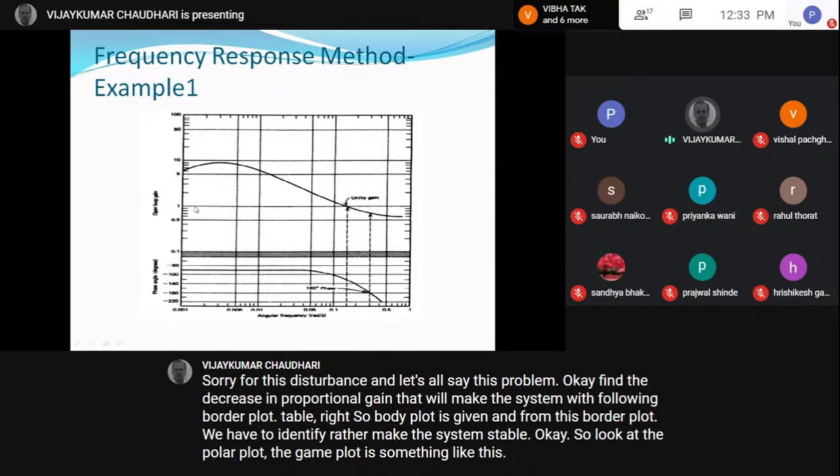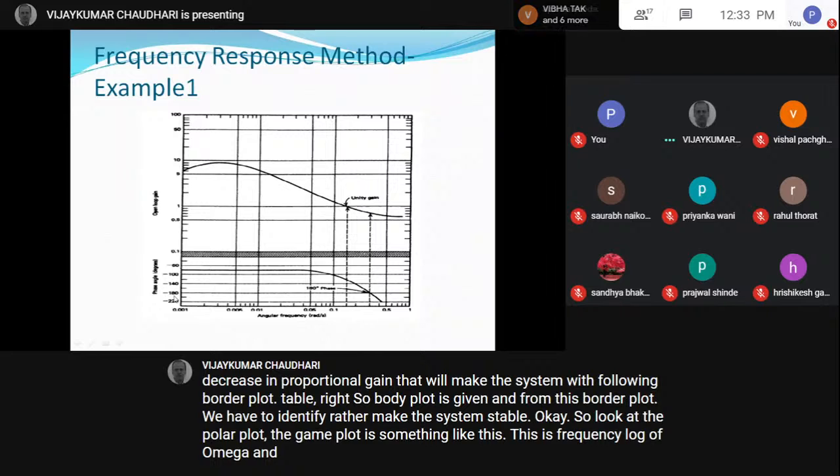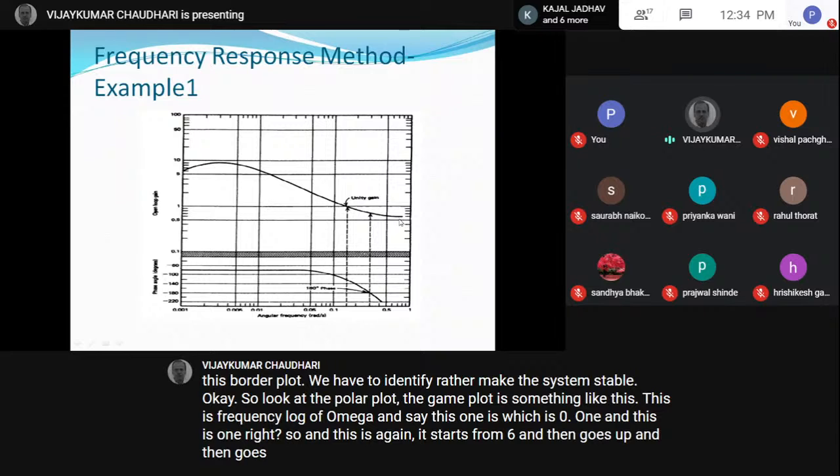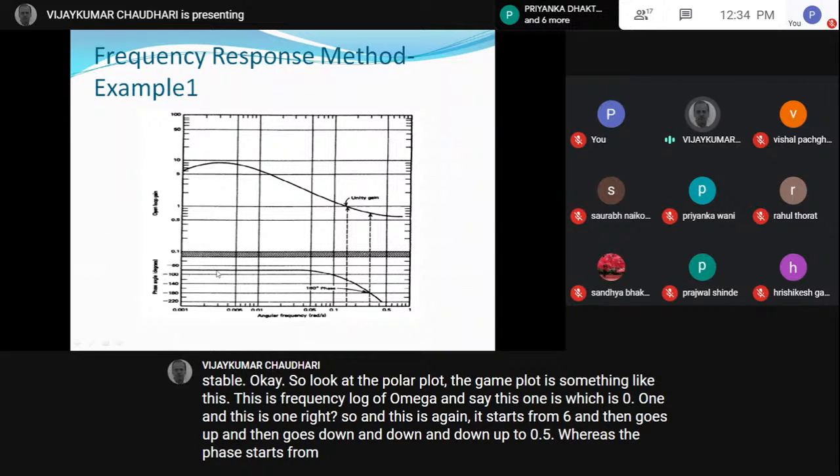This is frequency, log of omega, and say this one is 0.001, this is 0.01, this is 0.1, and this is 1. And this is the gain. It starts from 6, goes up, and then goes down and down up to 0.5. Whereas the phase starts from about 130 and decreases up to say minus 220 or so.